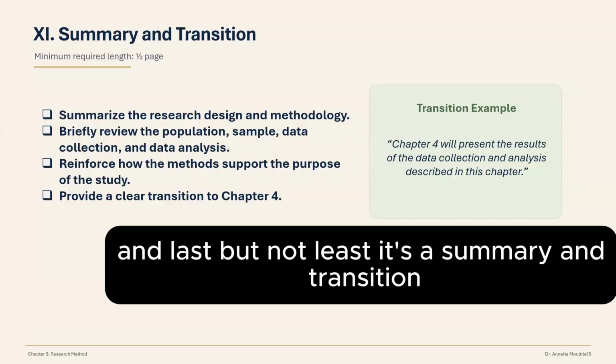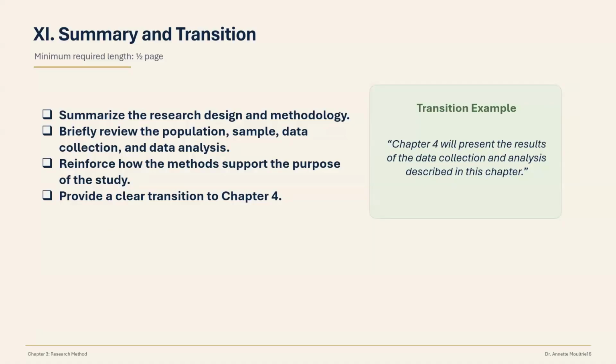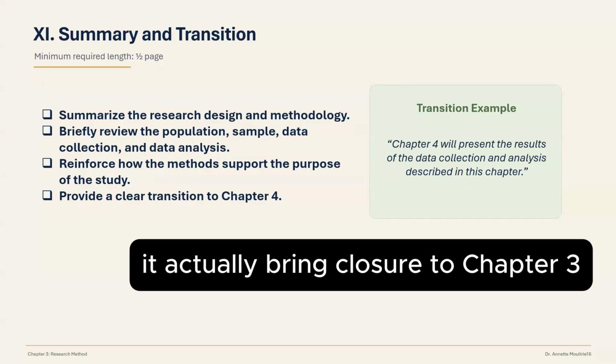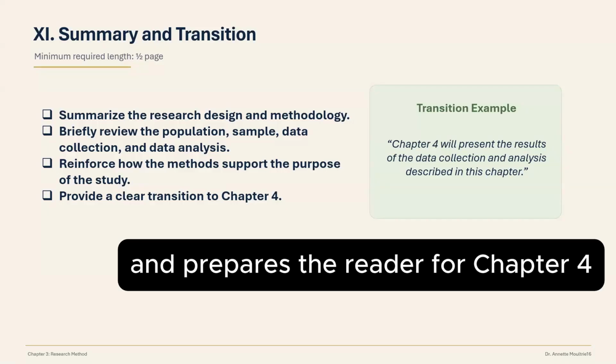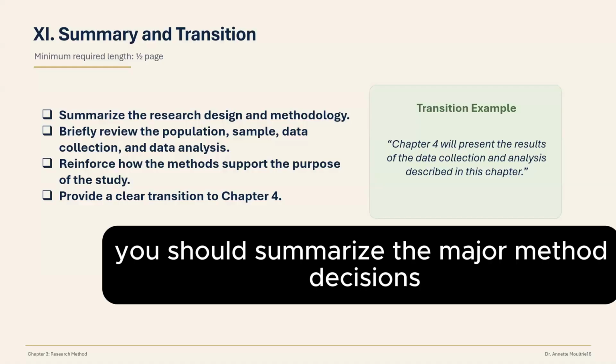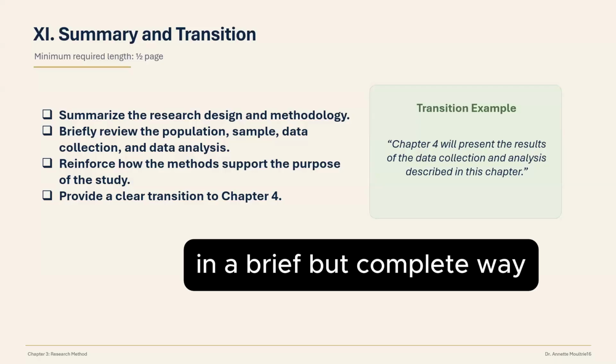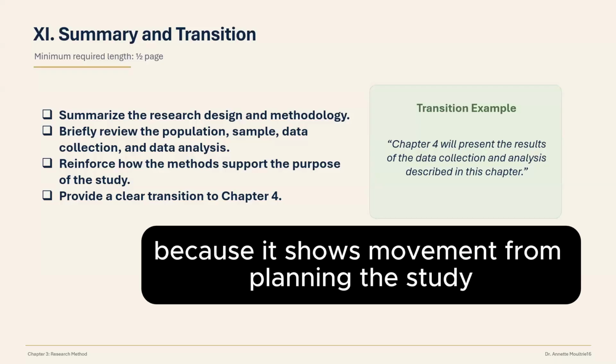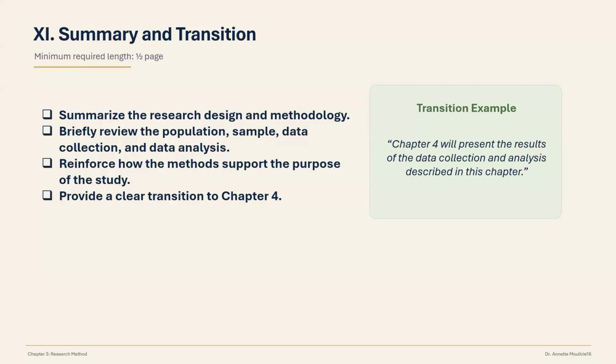And last but not least, it's the summary and transition. The summary should not introduce new information. It actually brings closure to Chapter 3 and prepares the reader for Chapter 4. You should summarize the major method decisions in a brief but complete way. The transition sentence is important because it shows movement from planning the study to presenting the results.